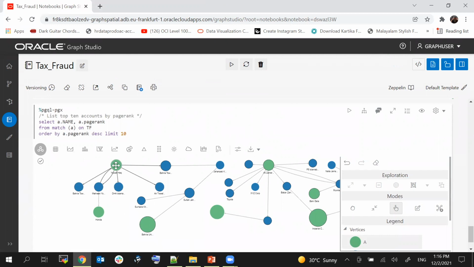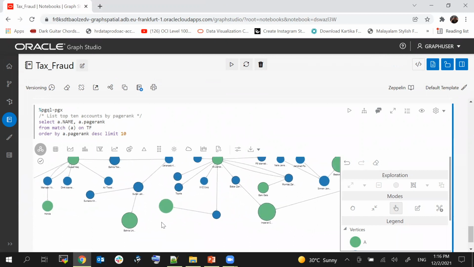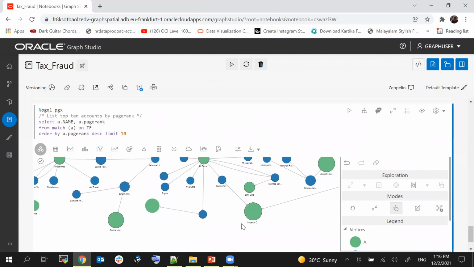From this, we can easily see that as individuals, Yusuf Haq and Ali Zarar stand out, and how they are connected to each other. We also have PageRank associated with the assets, and we can easily find out which asset stands out, which asset tries to influence people to invest in them.